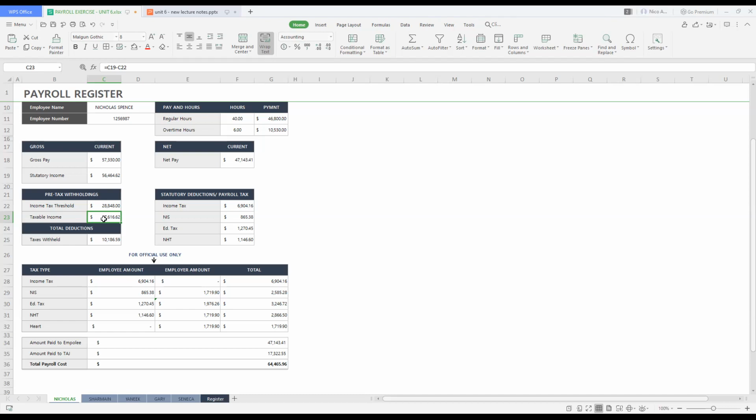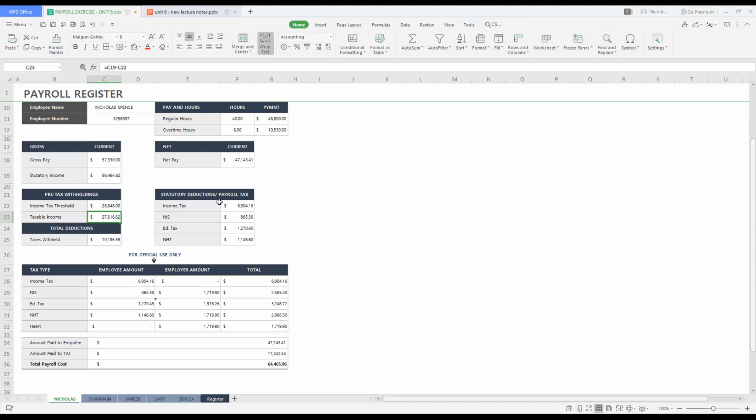That is the statutory income minus the income tax threshold of $28,848. So that should leave you now with a taxable income of $27,616.62. You get that? Because you have the wrong figure there.